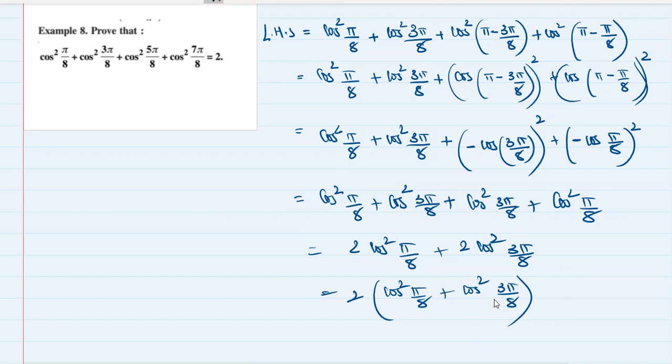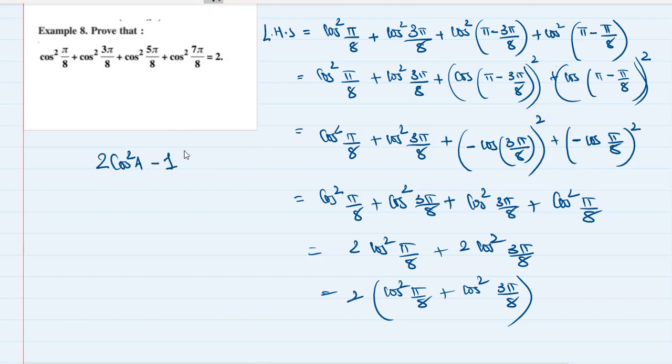Okay, now I'm going to use one formula which is really interesting. You should know this formula. This is the formula for cos 2a: 2 cos square a minus 1.